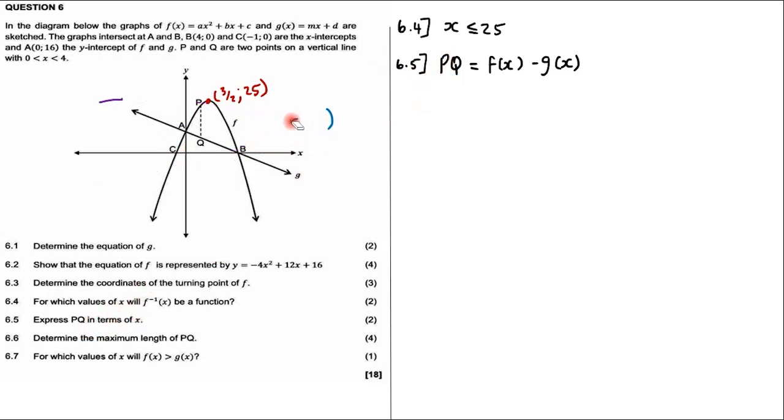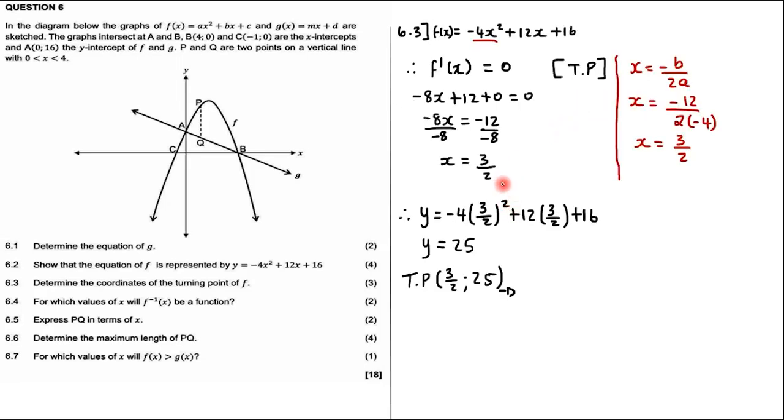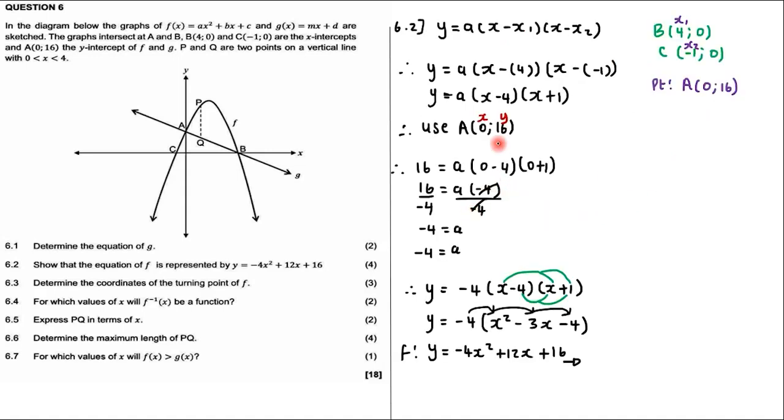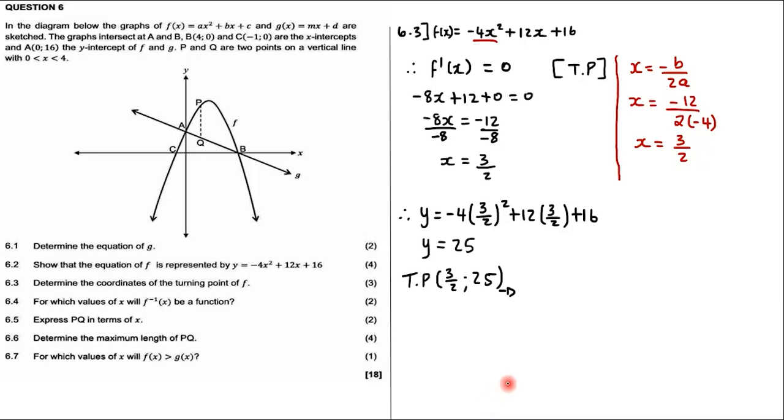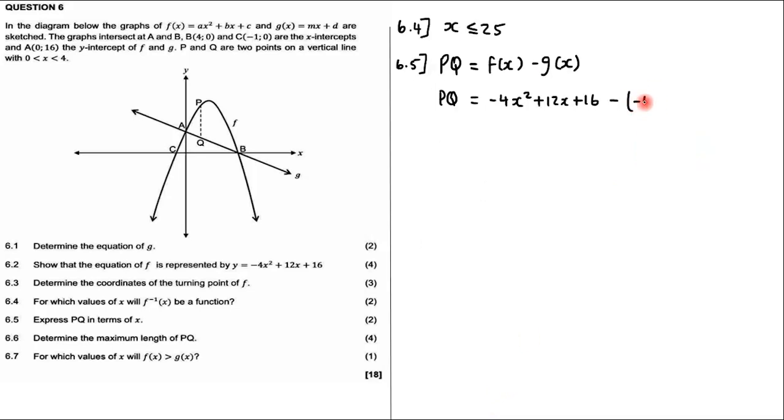We first remove all of this so that it doesn't get in the way. So now PQ is going to be f of x, which is minus 4x squared plus 12x plus 16, minus g of x, which was minus 4x plus 16. Notice that I inserted this in brackets.